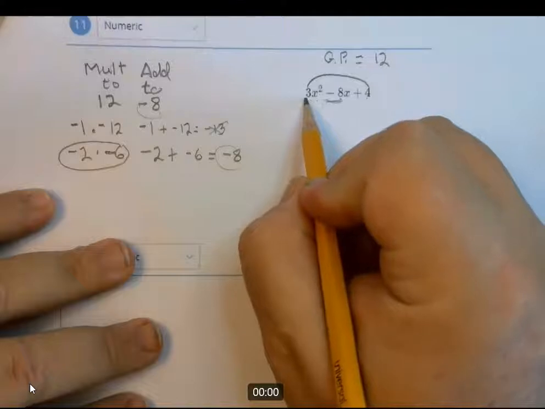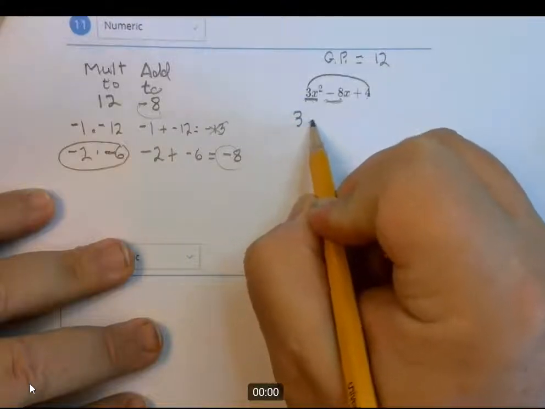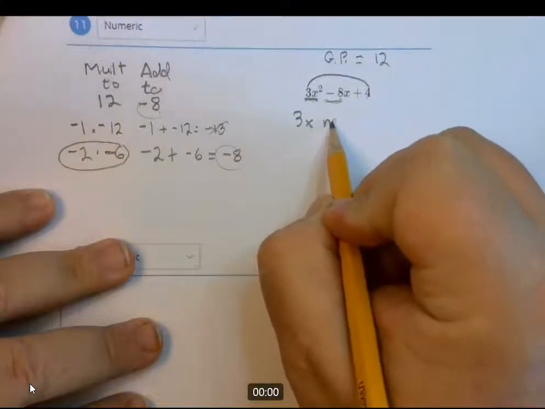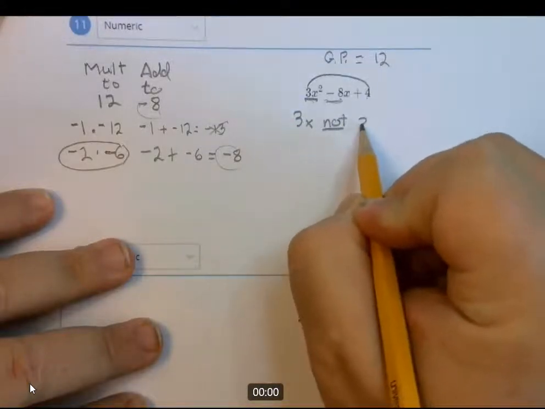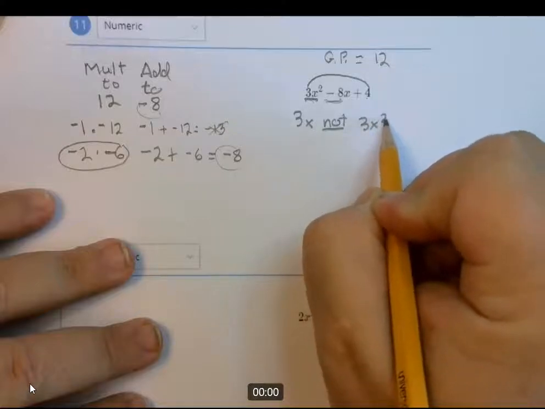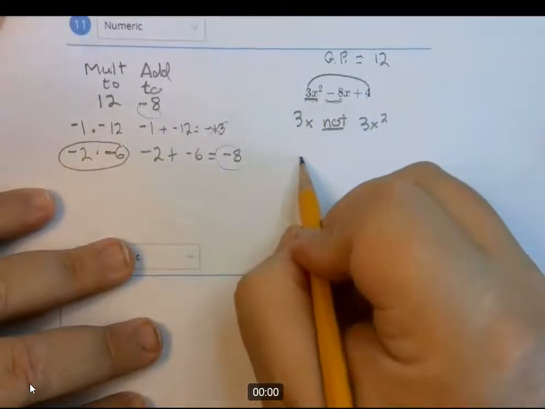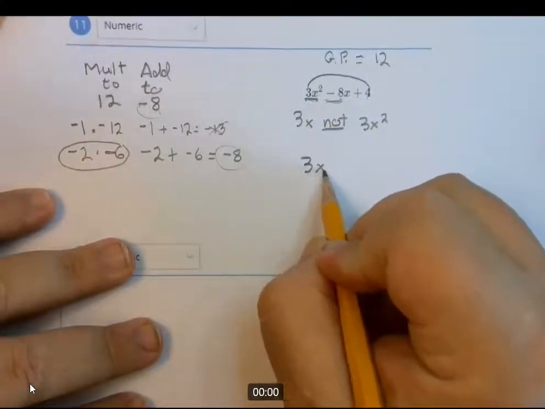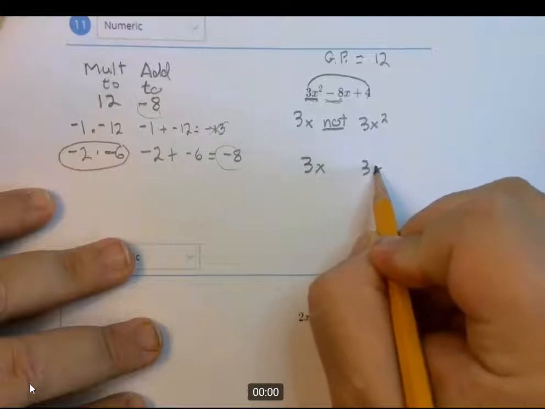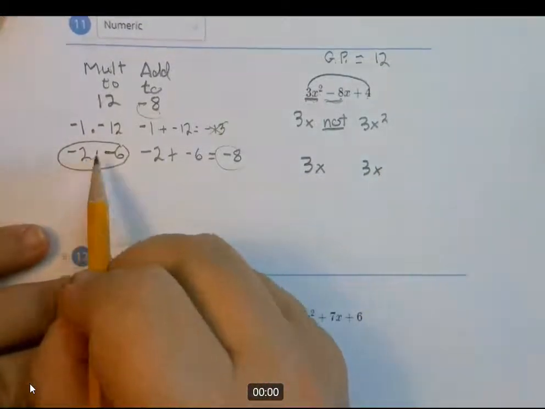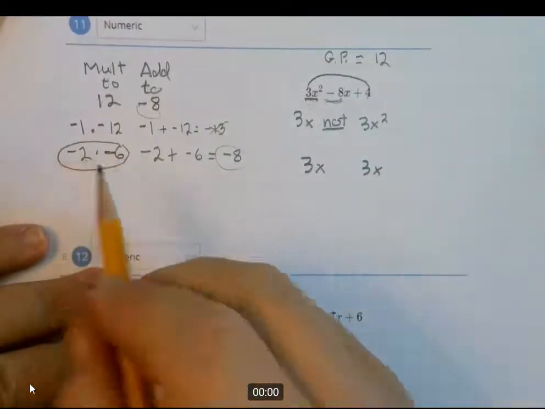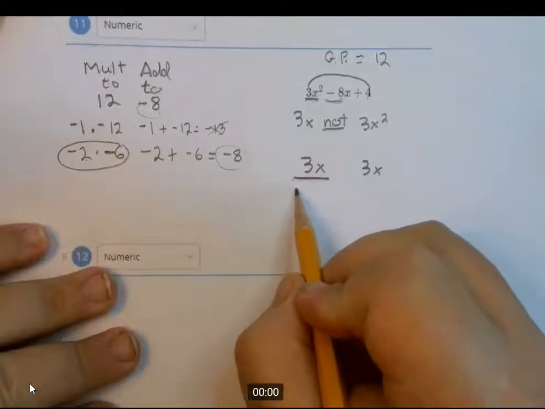You take 3x, not 3x squared. Take just the 3x and you write it here, and you write it over here. Now you take each of these numbers that you came up with over here and put it down underneath.